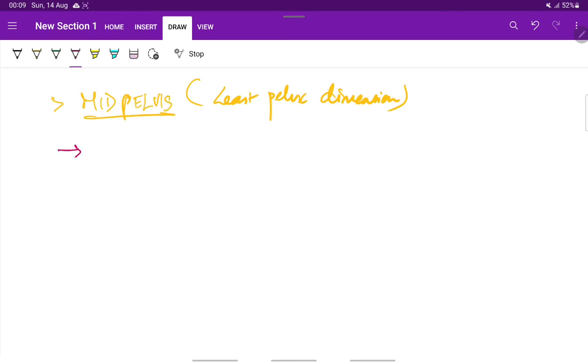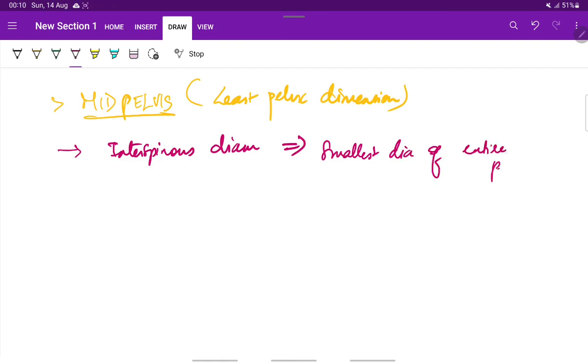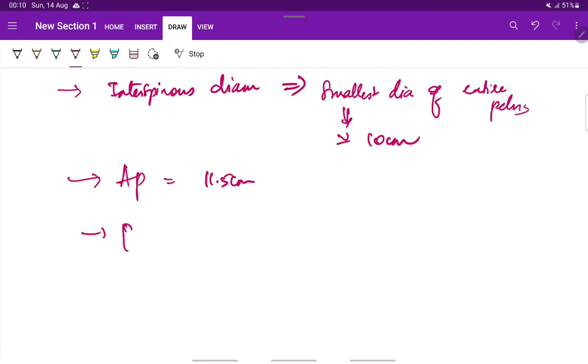Here the most important diameter is the interspinous diameter, which is the diameter between the two ischial spines, the smallest diameter of the entire pelvis, at around 10 centimeters. Next is the anteroposterior diameter, which is around 11.5 centimeters, and then the posterior sagittal diameter, which is about 4.5 centimeters.